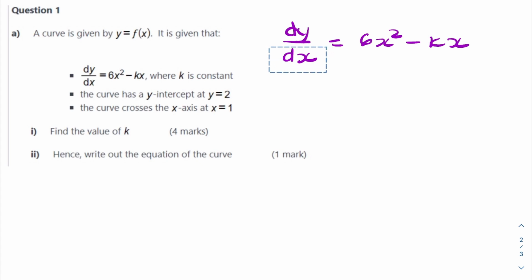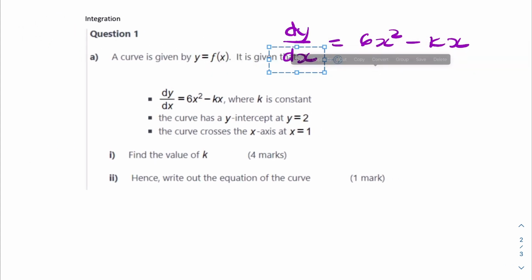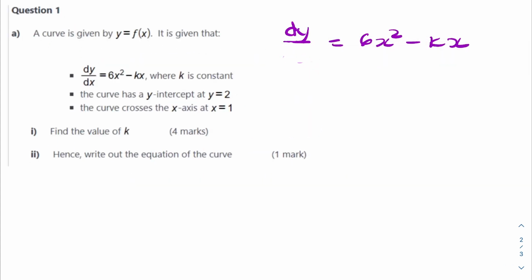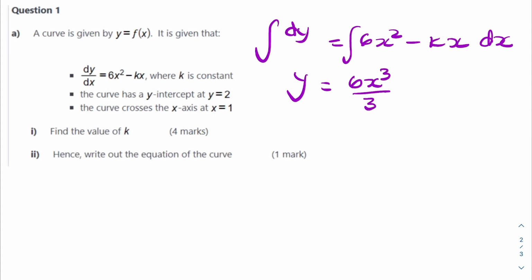And if you multiply both sides by dx, you would have that, and then you can just integrate both sides to find y. So the integral of 6x squared is 6x cubed over 3.